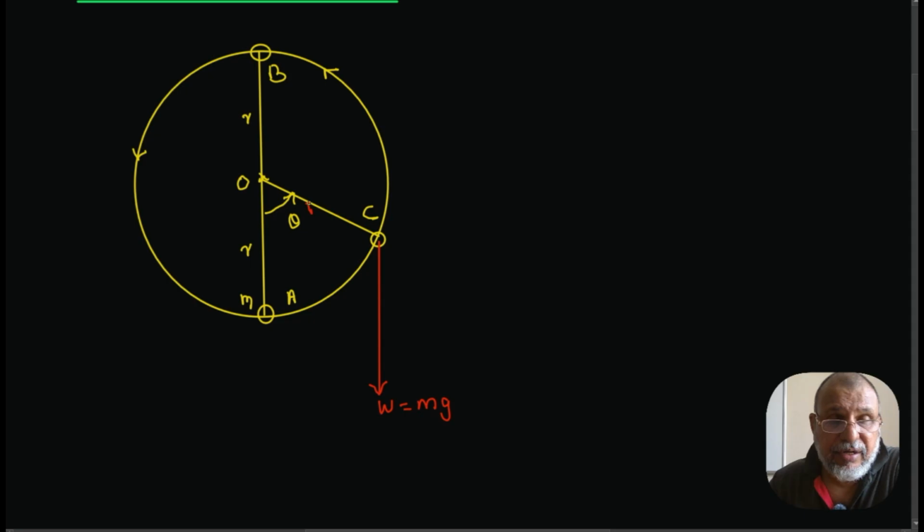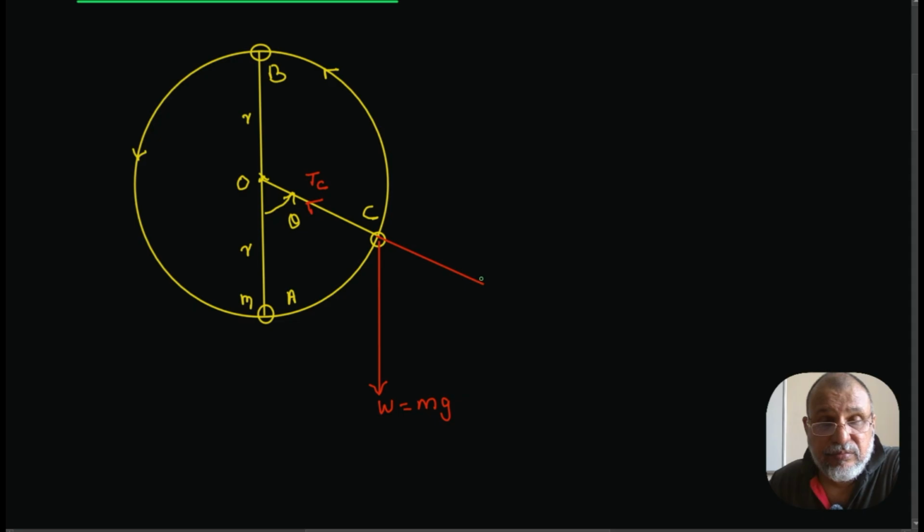Because the name of the point is C, we call the tension of the string TC. Now, TC should provide the centripetal force, and it should also compensate the component of the weight acting along the radius vector. Here is the component of the weight acting along the radius vector.